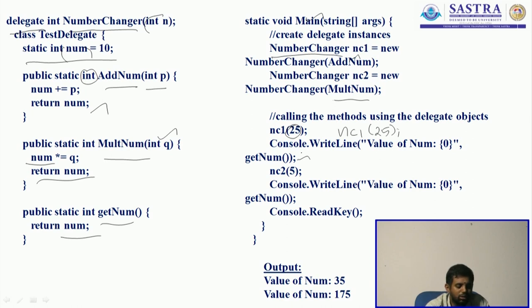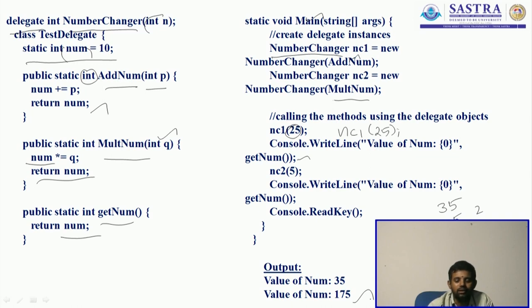So if you call nc2 of 5, what will happen? This will call the mult num method, right? So you are passing 5 there. The value of existing num is going to be 35, and then we are passing a value 5, so what will happen? The outcome is going to be 175.